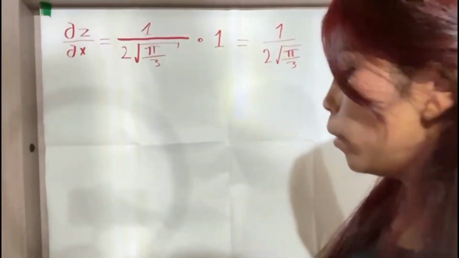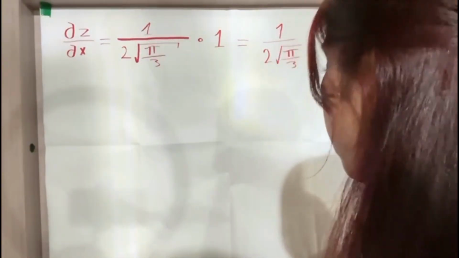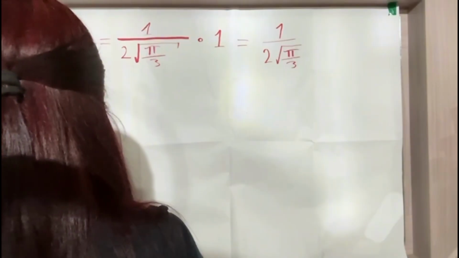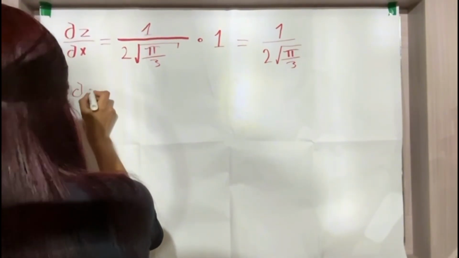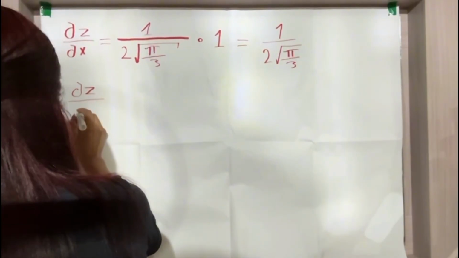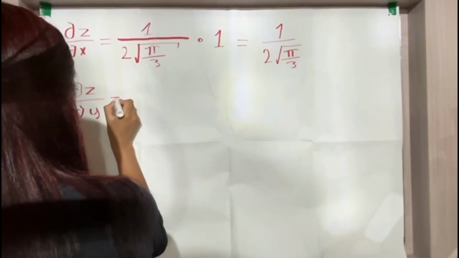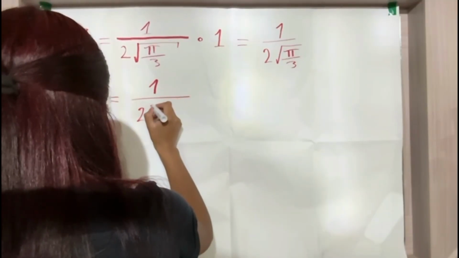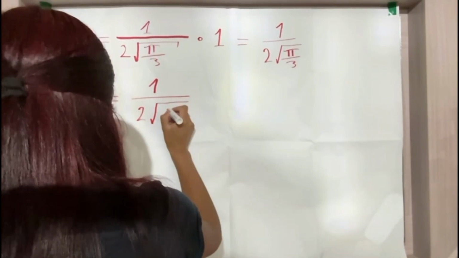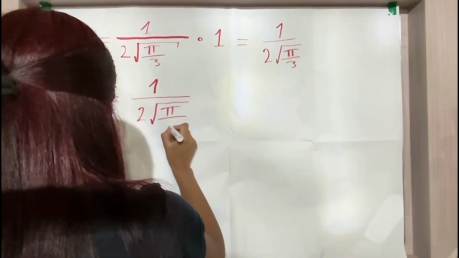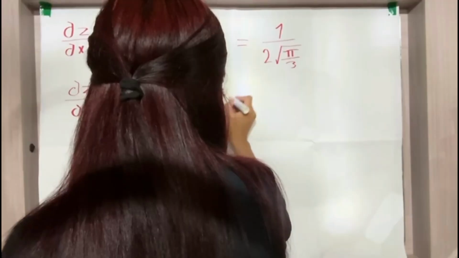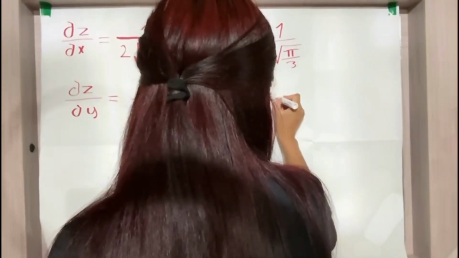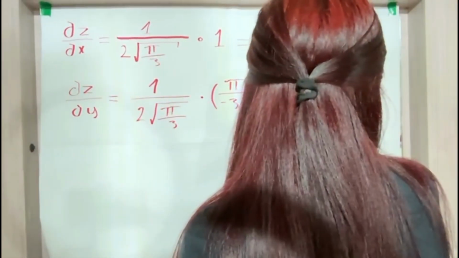So it becomes 1 over 2 times the square root of pi over 3, and the partial with respect to y equals 0.